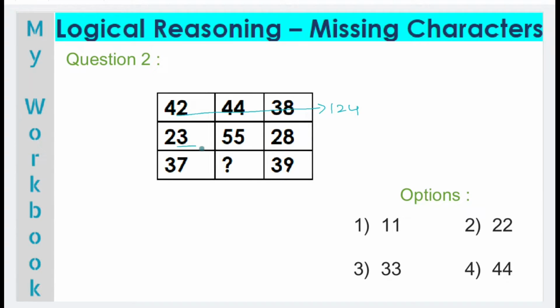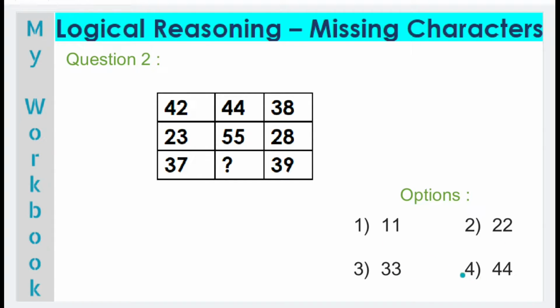Similarly, sum of the elements in the second row will be 106. Not much of similarity. Column wise, the first column's total will be 102 and the last column total would be 105. Again, they're not same. The options are 11, 22, 33, 44.